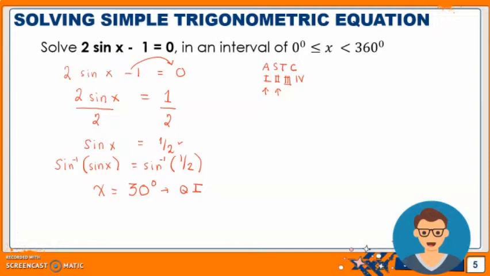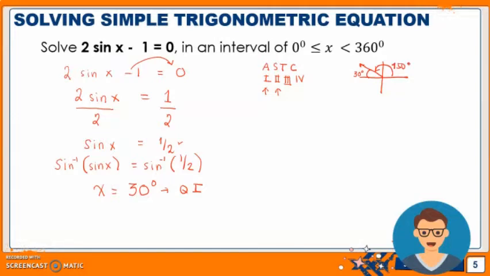we need to find an angle in quadrant 2, since sine is positive in quadrant 2, that has a reference angle of 30 degrees. So in quadrant 2, we'll just write an angle whose reference angle is 30 degrees. What is that angle? That is 150 degrees.